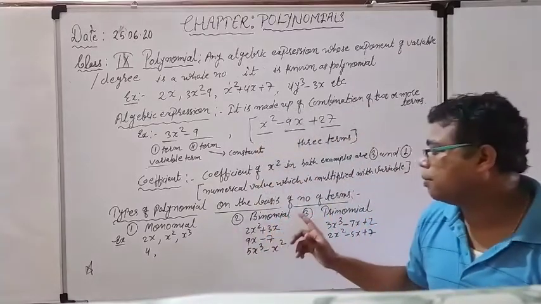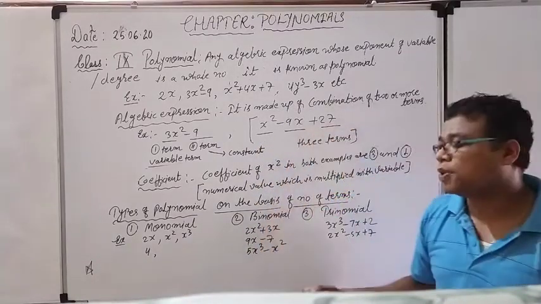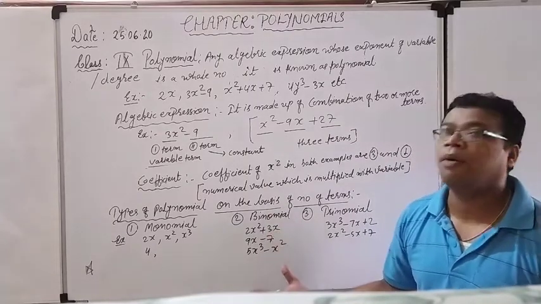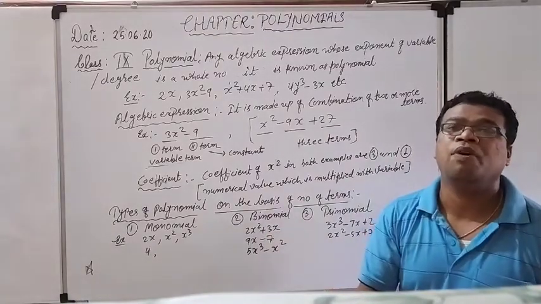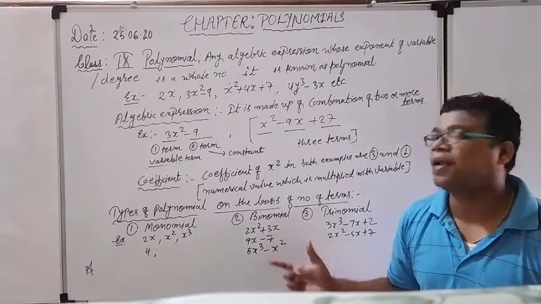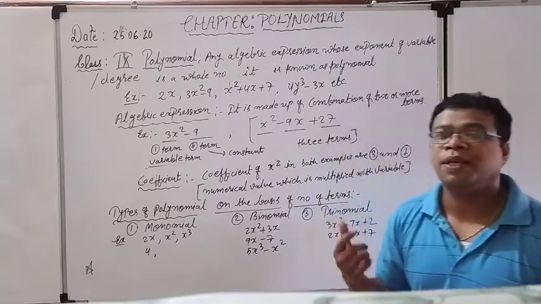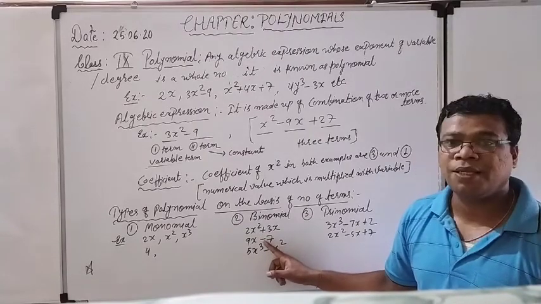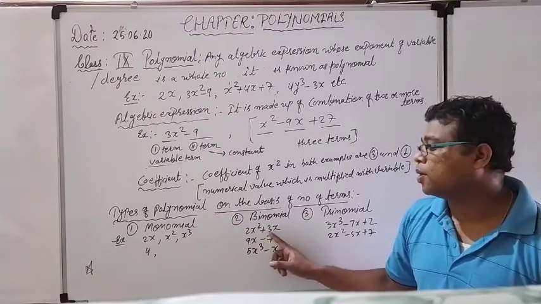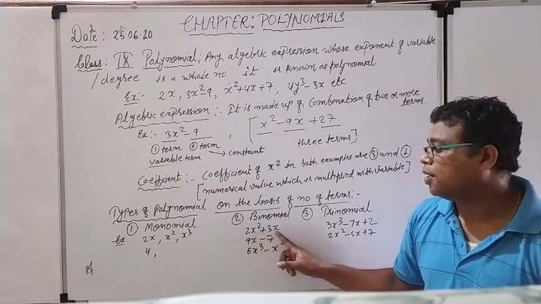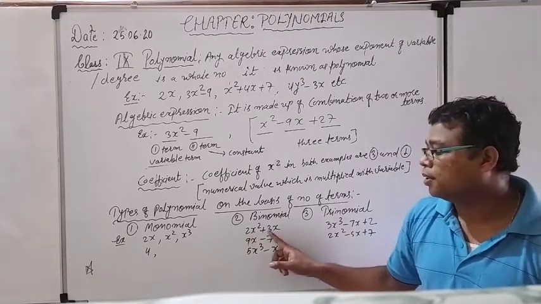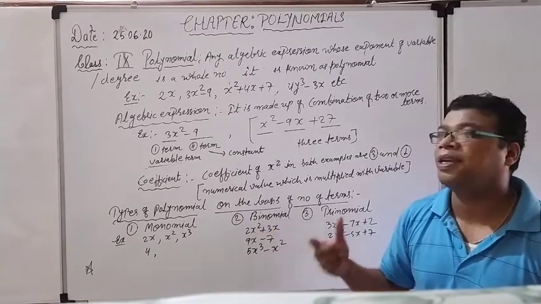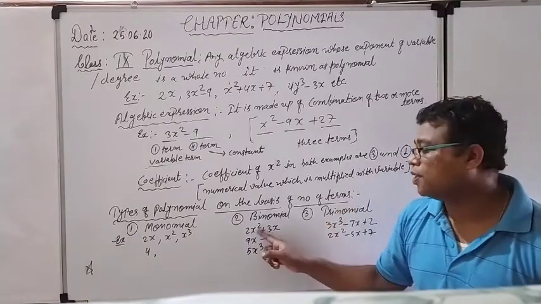Right now see the next thing, binomial. See some examples of binomials. 2x square plus 3x. Again you can see there are two terms, and that is known as the binomial kind of polynomial. So the meaning is that there may be a plus sign or a minus sign, and there are two terms. You can see 2x square is the first term, 3x is the second term; this is a variable term, this is also a variable term, and the plus sign represents the addition of these two terms.